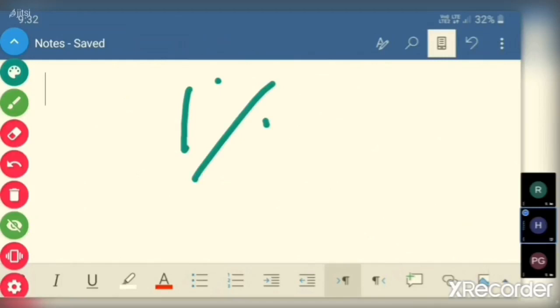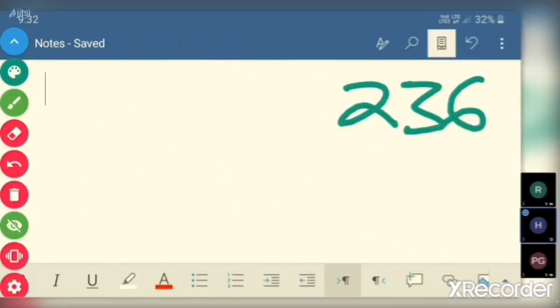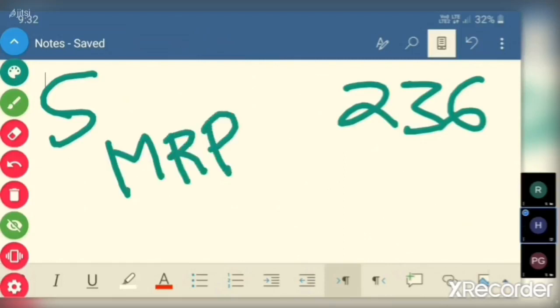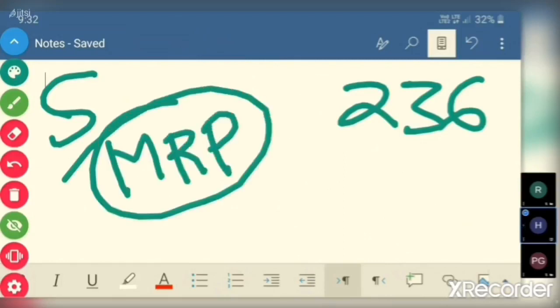The composite scheme tax rate is 1%. So we will keep the sale price at 236 only, whether it is 18% tax or 1% tax. Sale price or MRP, let us take it at 236.